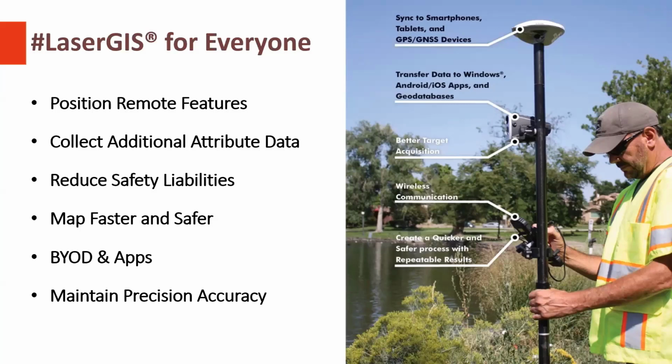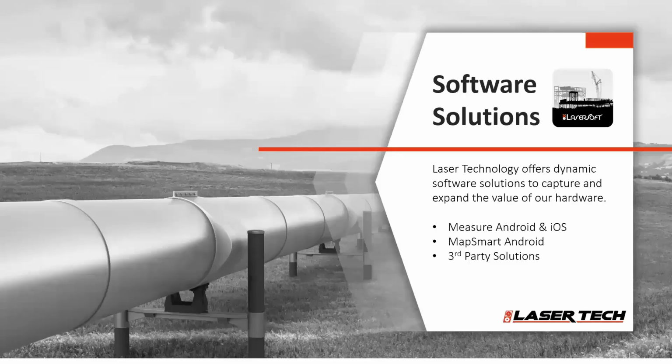The laser can contribute some, the GPS contributes some, but we're able to do a lot better job than we used to with precision. So I'll now go over a little bit, speaking of apps, a few that we have written, and then some other third-party ones that are out there that make a good integration between GNSS and laser.